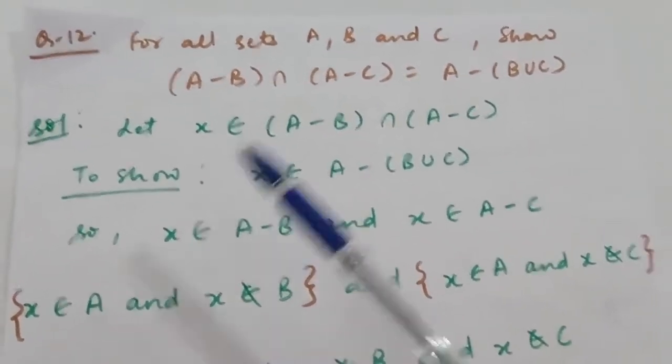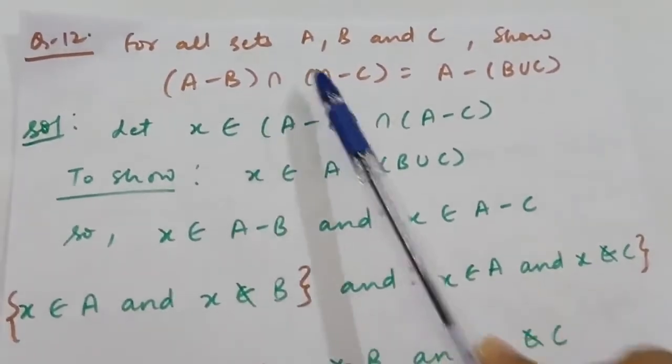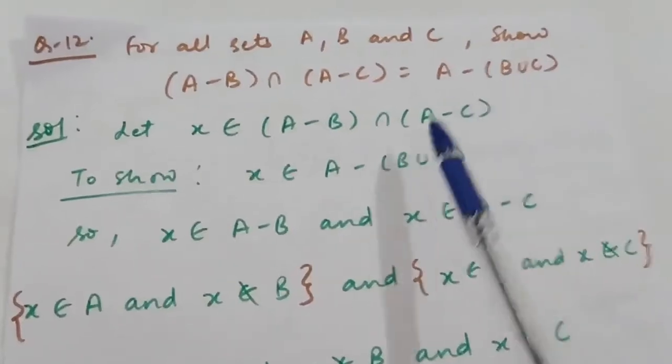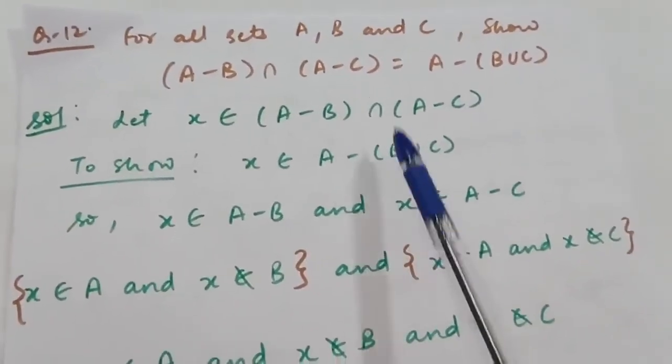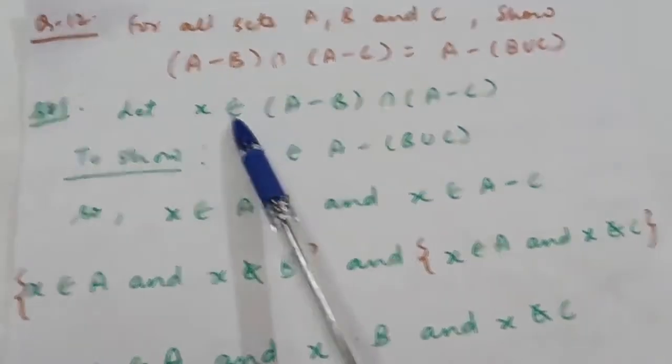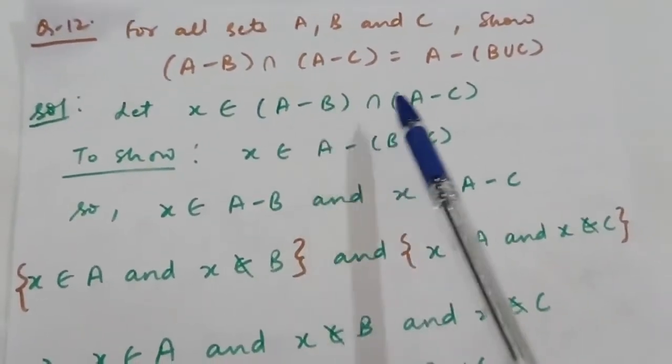So first of all, let X belong to this set. Now to show that X belongs to A minus B union C, only then will this be a subset of this, right?